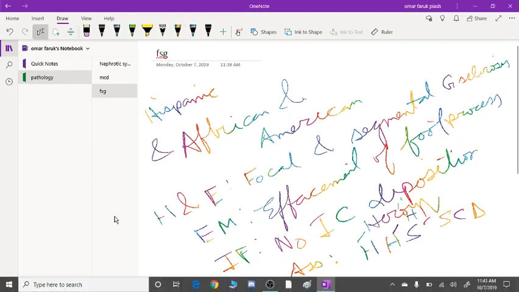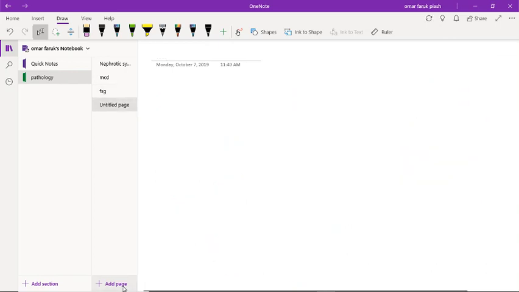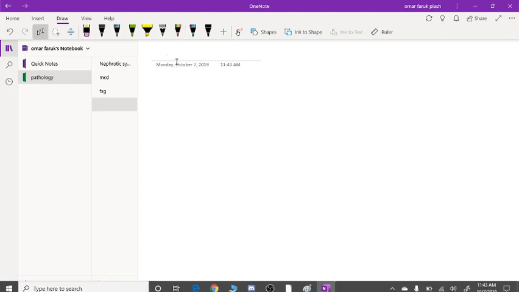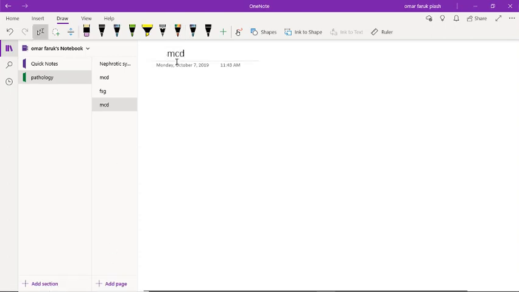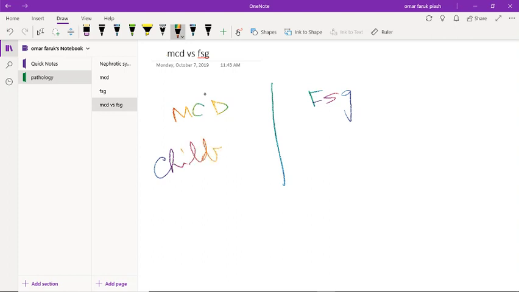Now if you want to differentiate between MCD and FSGS, you can differentiate via two things. In MCD, minimal change disease, it usually happens in children.